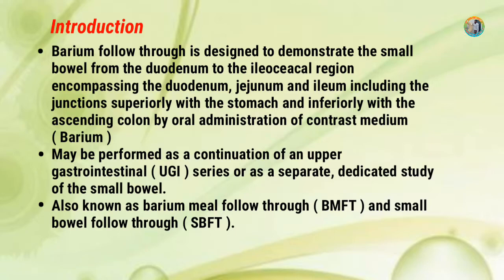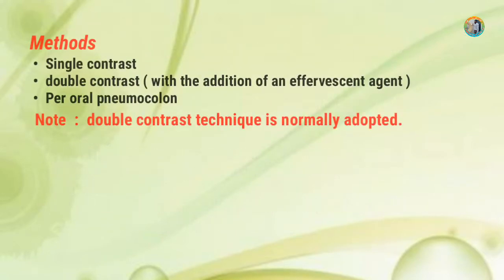It may be performed as a continuation of an upper gastrointestinal series or as a separate dedicated study of the small bowel, also known as barium meal follow-through and small bowel follow-through. There are 3 methods to perform the follow-through exam: single contrast, double contrast with addition of an effervescent agent, and per oral pneumocolon. The double contrast technique is normally adopted.